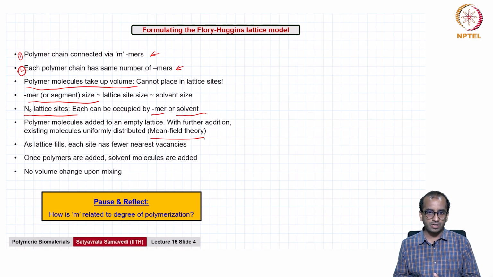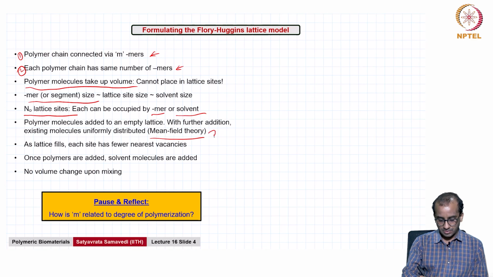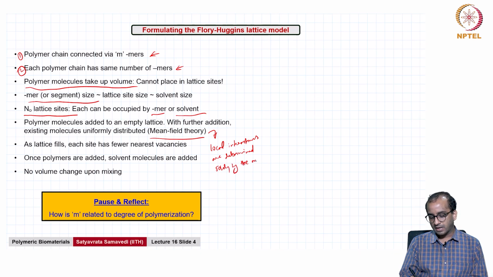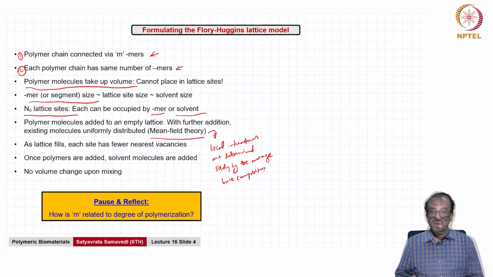With further addition, what you are assuming is the existing molecules are uniformly distributed, or in other words, local interactions are determined solely by the average bulk composition, which means we are ignoring localized differences and individual fluctuations in this theory.